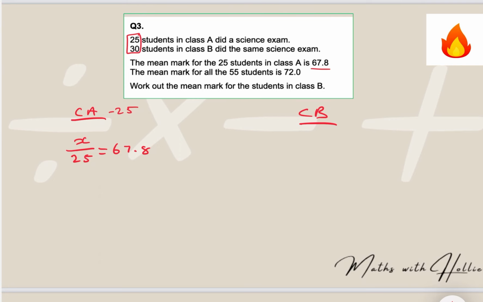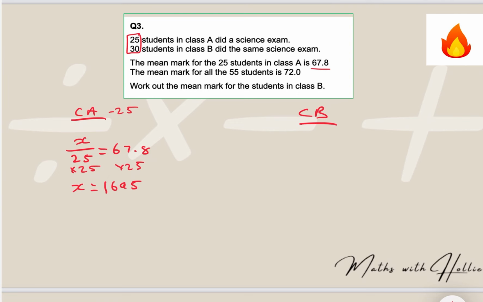And what that lets me do is work out what is the sum of all 25 students. So if I times both sides by 25, I know that all 25 students adds up to 1,695. Okay, so class A, all their grades together adds up to 1,695.